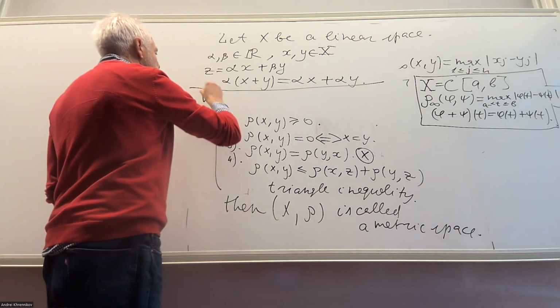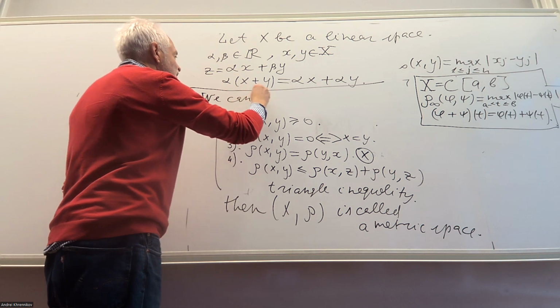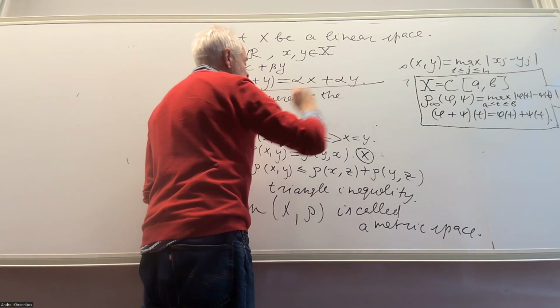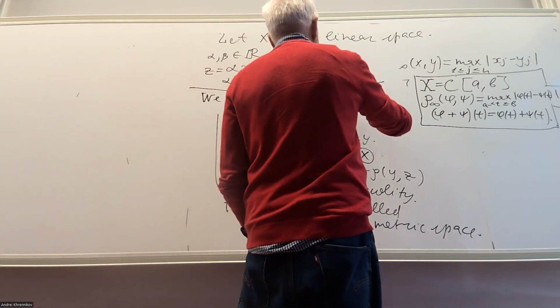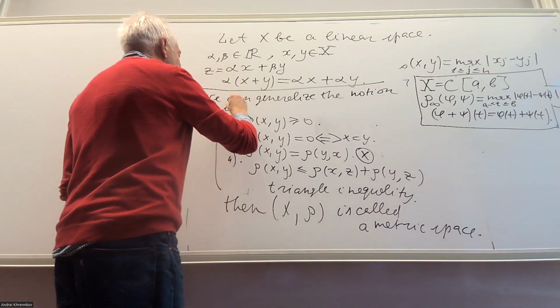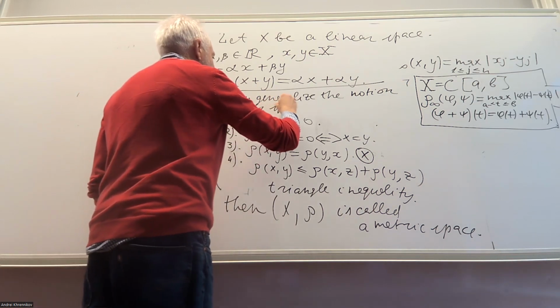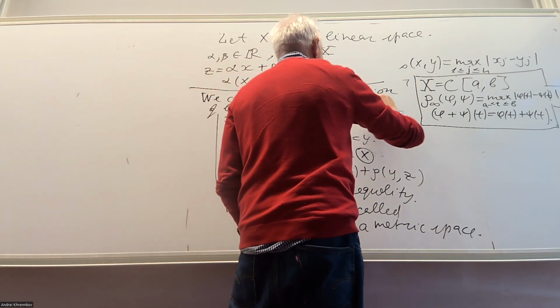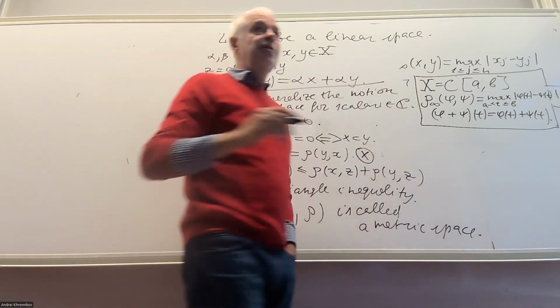We can generalize. For Fourier analysis, we need a complex linear space. The notion of a linear space for scalars belonging to complex numbers.